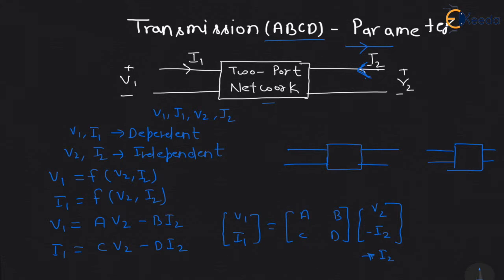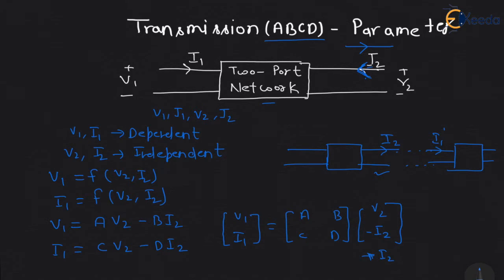So if we want to cascade them, then this should be I2. The output of first should be equal to the input of this I1 dash. So directly we can draw, here we will write the current direction I2 that is outwards.